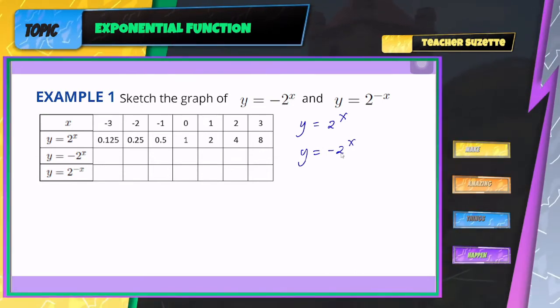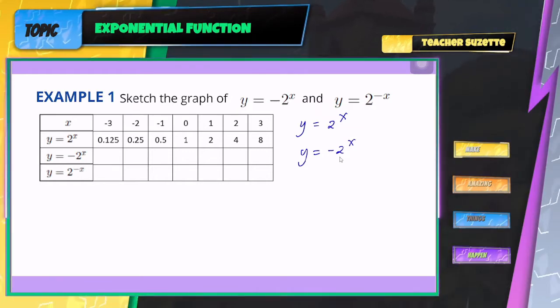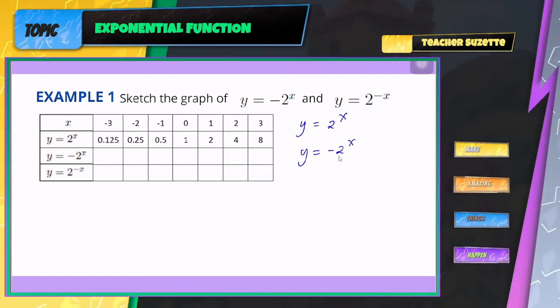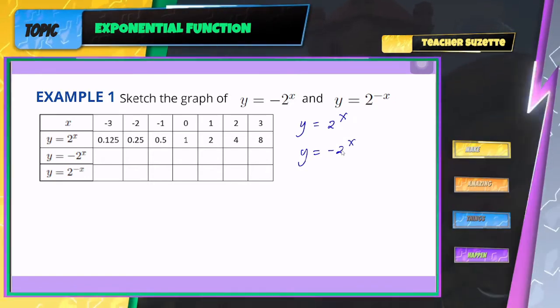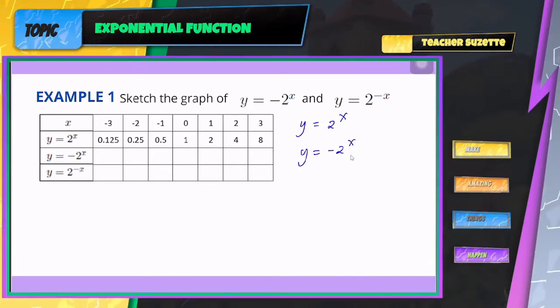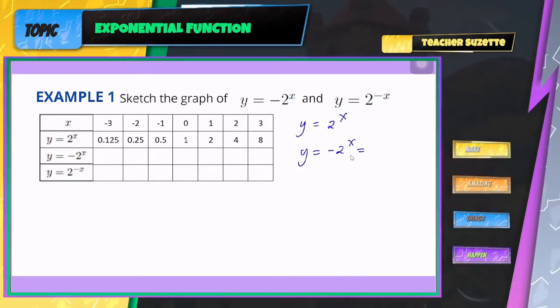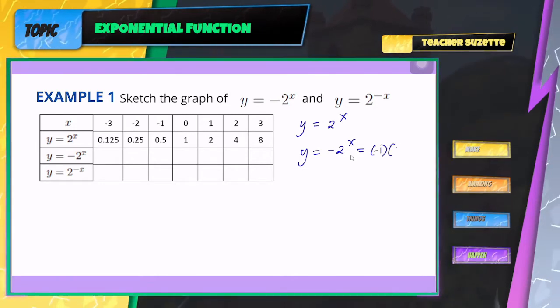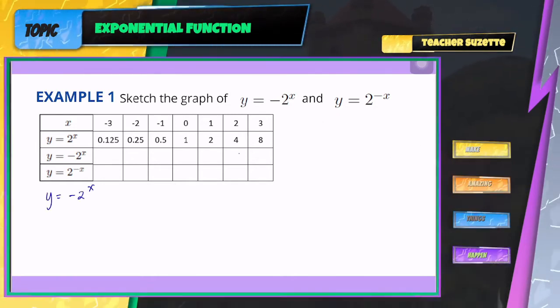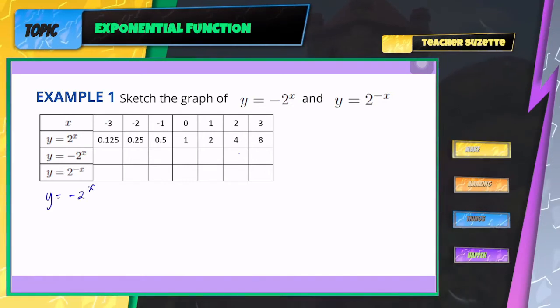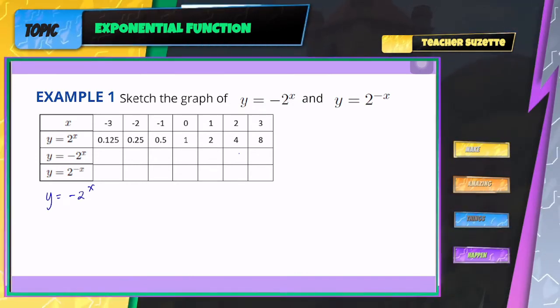Wala naman. Kasi po, for this equation, for this function, yung ating pong x, yung exponent natin, is raised to the base positive 2. Kasi this equation could be written or could be expanded into negative 1 times 2 raised to x. Now, let's proceed with evaluating our function y is equal to negative 2 raised to x by substituting the values of our x in our function.